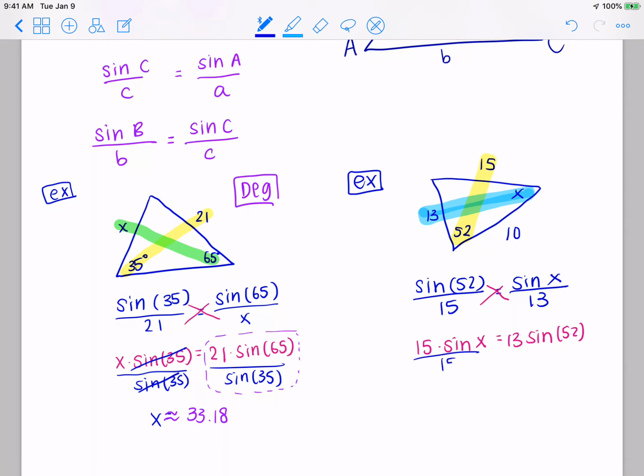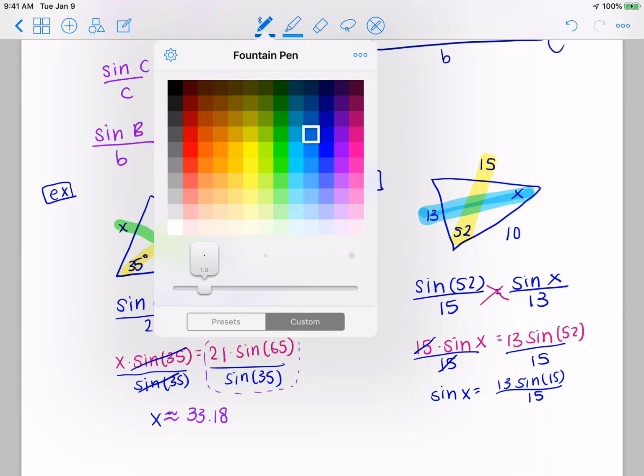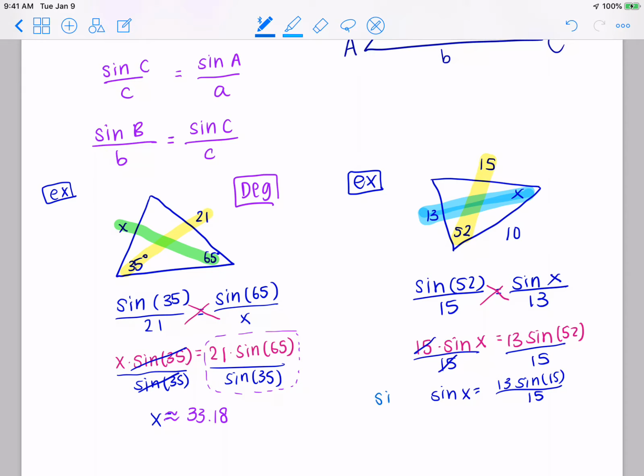And then we're going to divide both sides by 15. Cross out the 15. We have sine x equals whatever this is. You can get that into a number on your calculator. And then, to solve for x, we have to take the inverse sine on both sides.